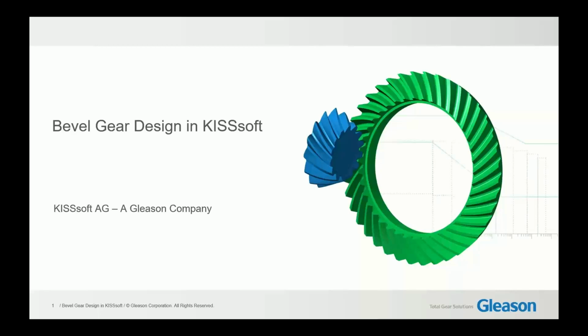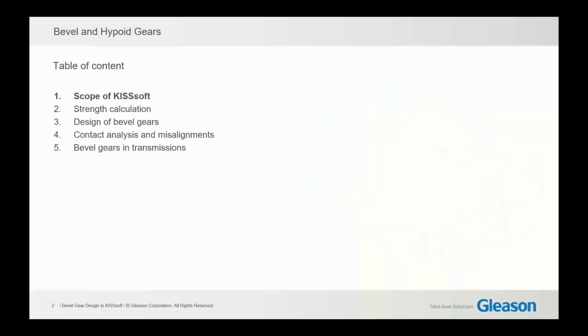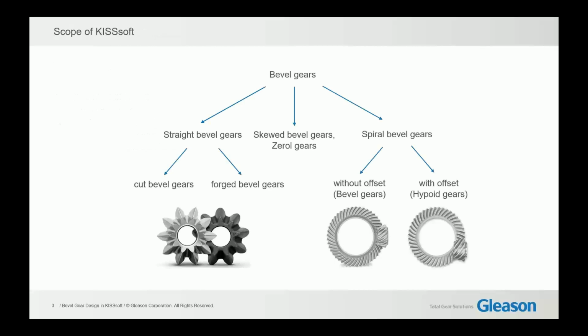So let's now start with the presentation. First, I would like to go into the scope of KISSsoft. When we look at a classification of bevel gears, we can see the straight bevel gears.